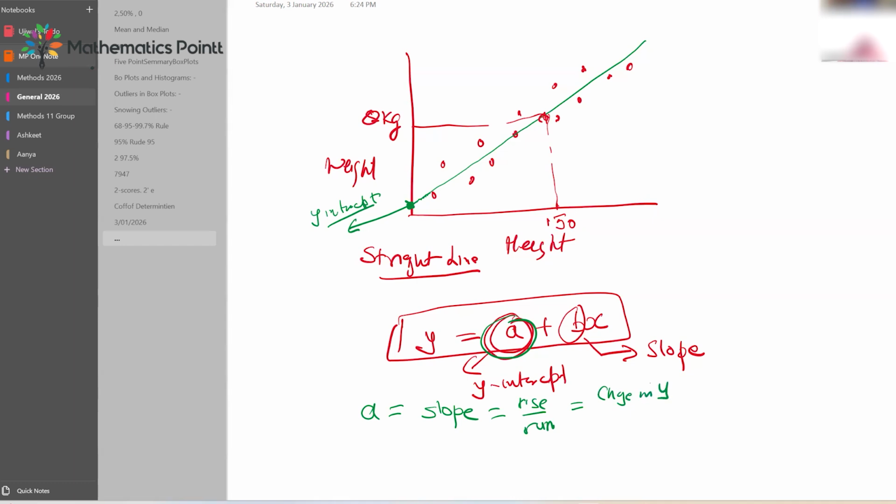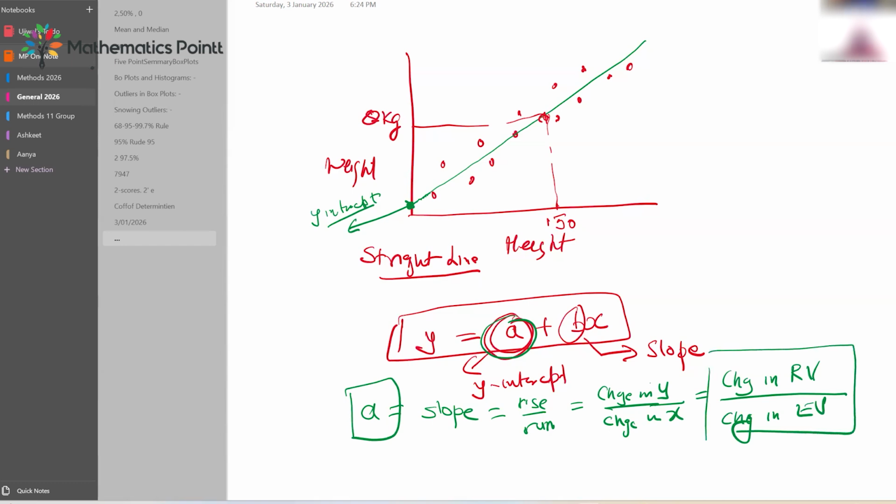Change in y over change in x. And what is y? Change in the response variable over change in the explanatory variable. So the definition of B is the change in response variable per unit change in the explanatory variable, or my x value.